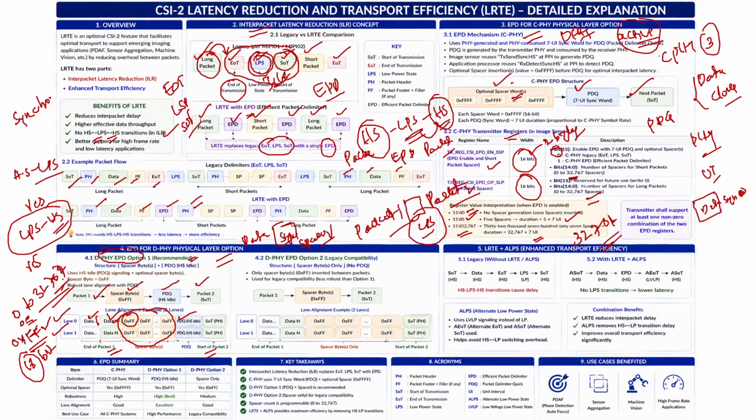Okay, and then option 2 is also there, that is legacy compatibility. In this legacy compatibility there is no PDQ, only the spacer, in between the lane data 1 to n, and then the start of transmission is there, and the next packet is transmitted. So in between, the PDQ will be eliminated.